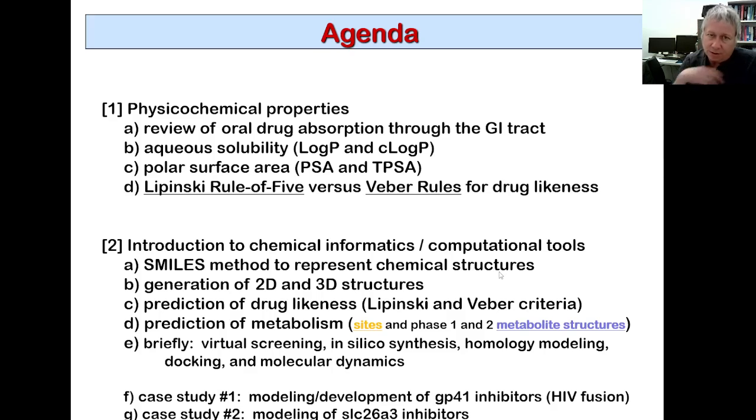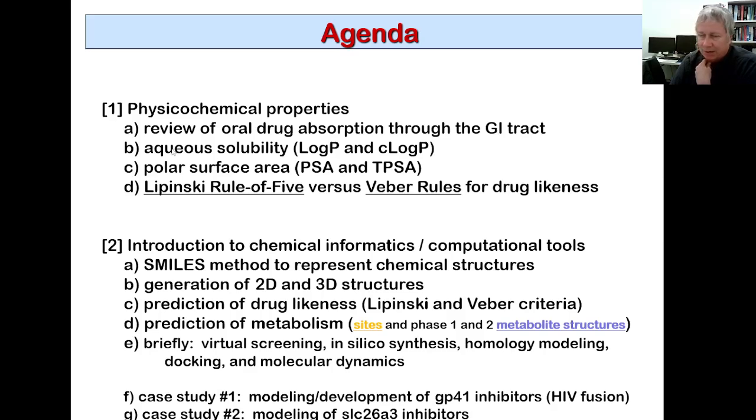What's the overall agenda? So first we're going to talk about physicochemical properties. In general, we're going to review the concept of oral drug absorption through the GI tract and how drugs physically move through the GI tract and wind up in your blood, usually, to reach a drug target.